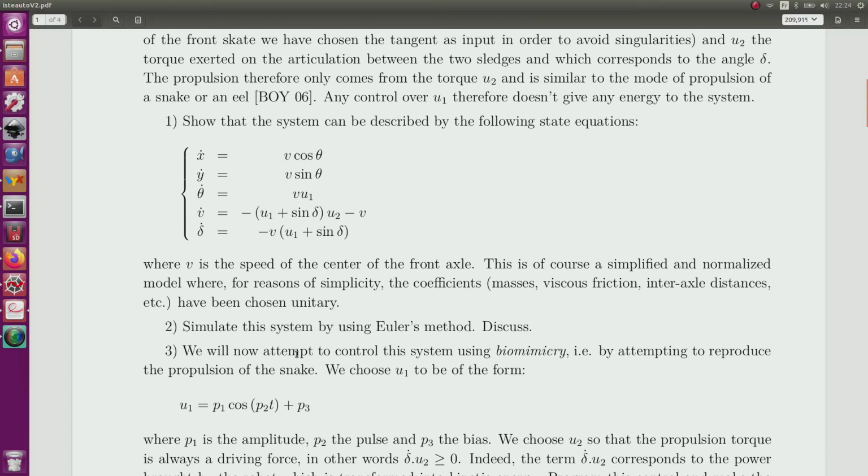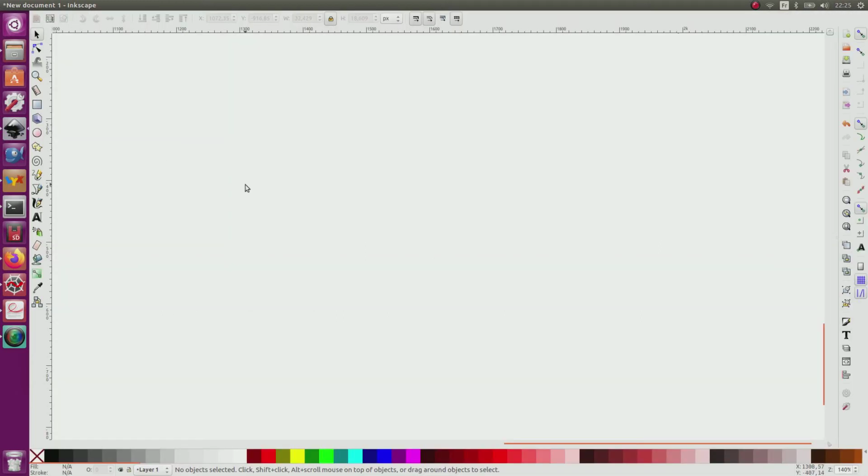Second question, we have to simulate the state equation, and for this we will also have to draw the system. So, to draw the system, I first have to draw the two sledges.